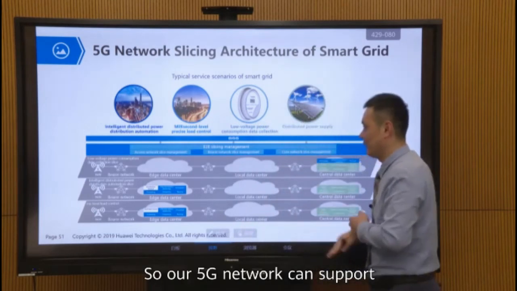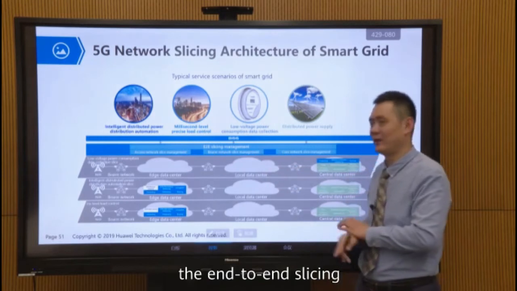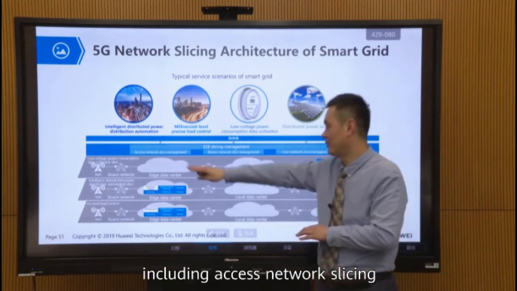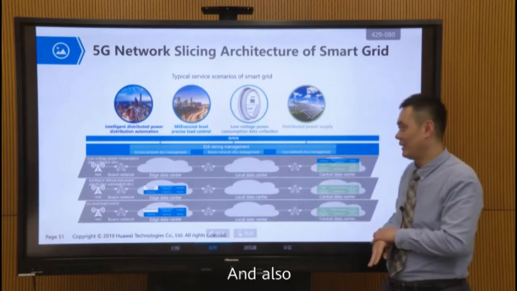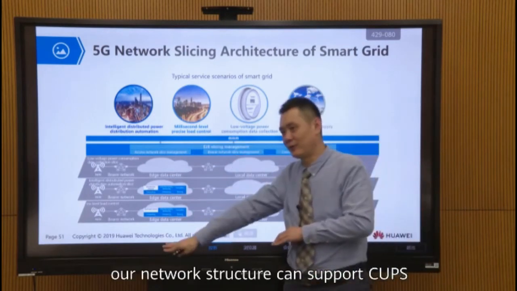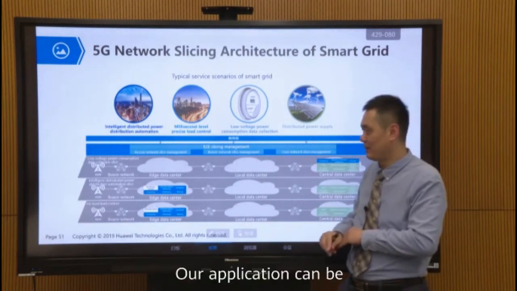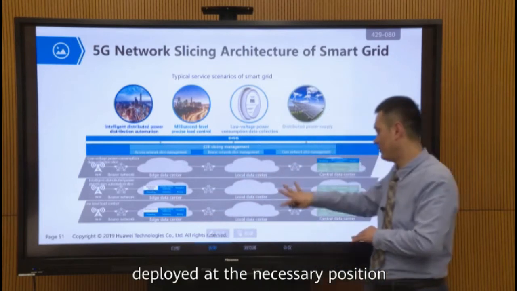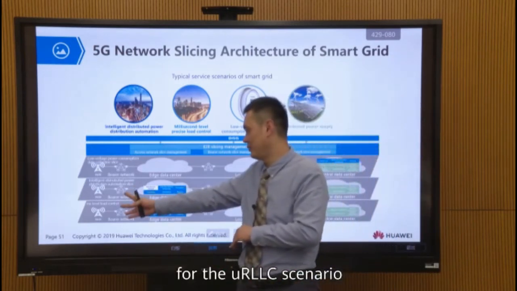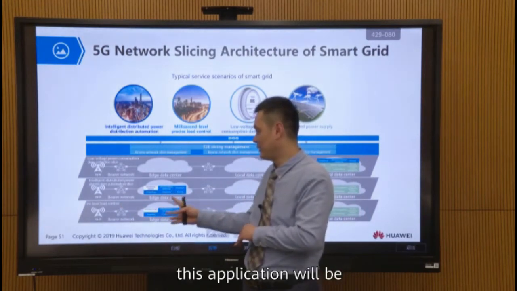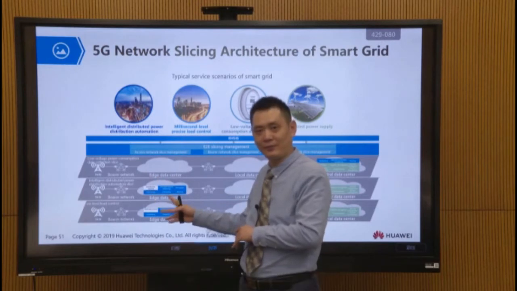So our 5G network can support end-to-end slicing, including access network slicing, bearer network slicing, and core network slicing. Our network structure can also support CUPS. Our application can be deployed at the necessary position. For example, for the URLLC scenario, the application will be deployed at the edge cloud.